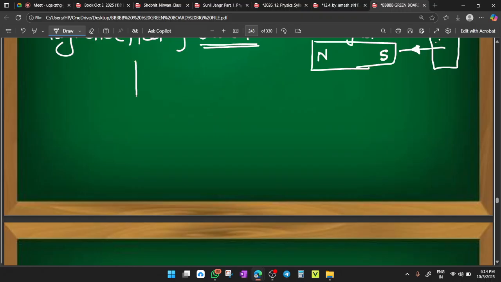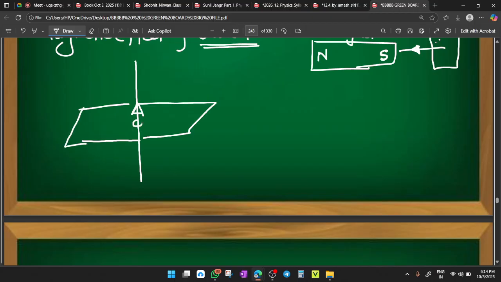What did Oersted do? He took a current carrying conductor. At that time only DC current was possible. He placed this current carrying conductor through a cardboard, just passing through the center of the cardboard.